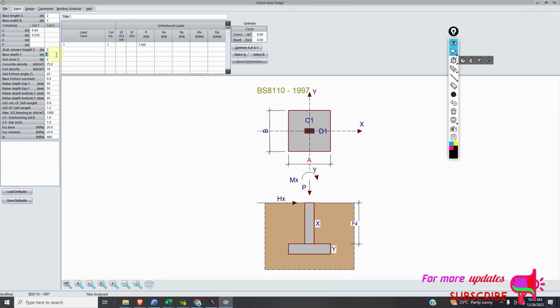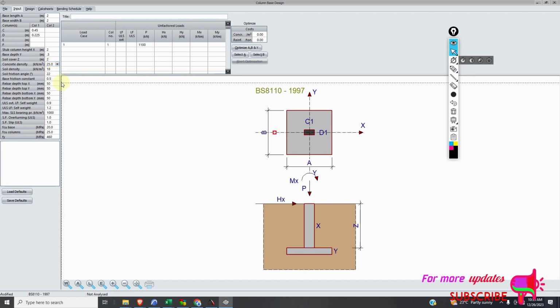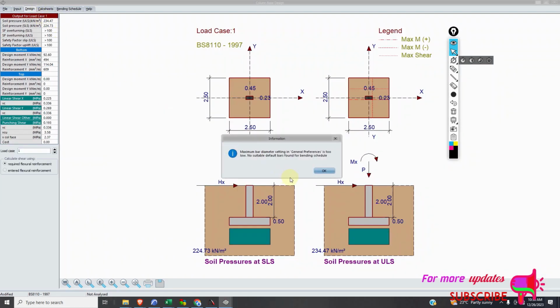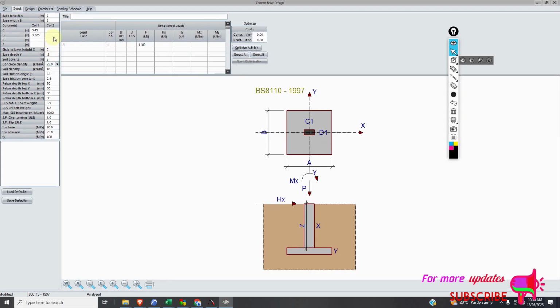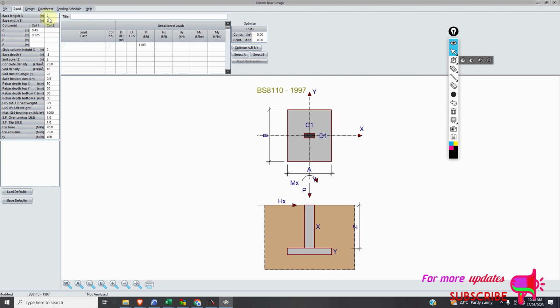So point 3. So if you do the design, okay, you can see there should not be red lines, so this indicates failure. So you should just come here, maybe increase this one to 2.4.